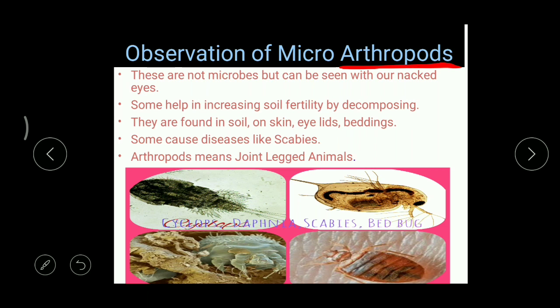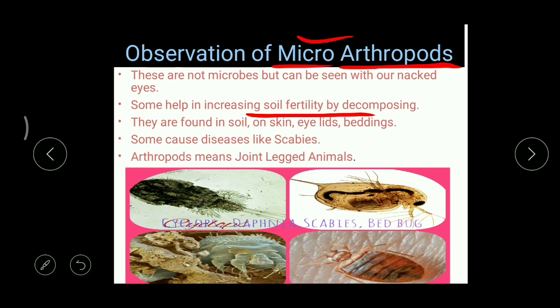But here, what are micro arthropods? Some of these insects can be seen only as small dots because of their small size, and so we call them micro arthropods. And what is the use of them? Some of these micro arthropods survive in soil and increase the fertility of the soil.